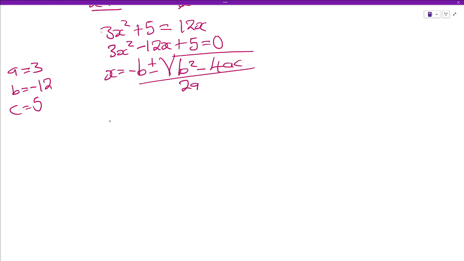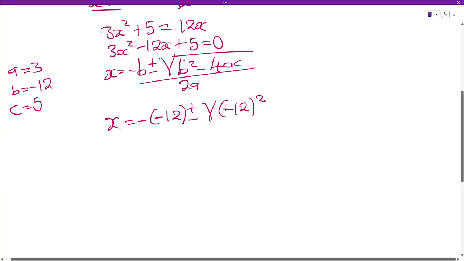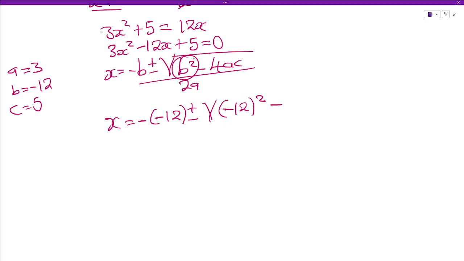Let's push it a little downwards. x is equal to negative 12, plus or minus the square root of negative 12 squared. Here where there is b squared, we have put this one, minus, and this is squared, minus 4.